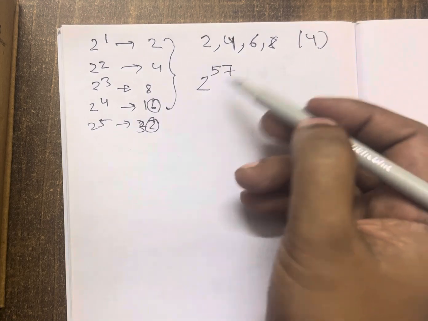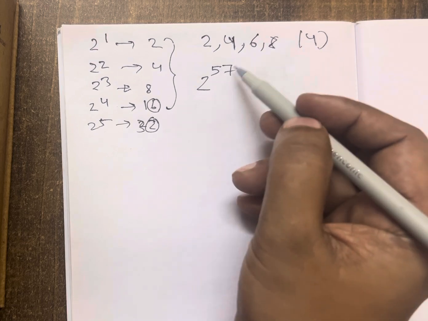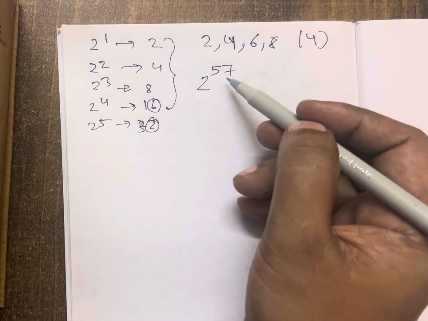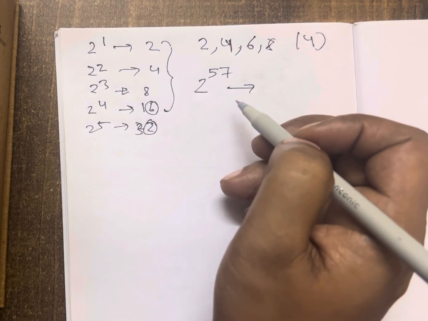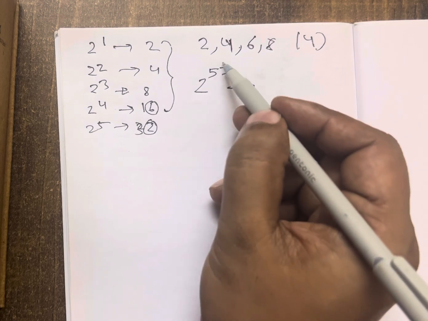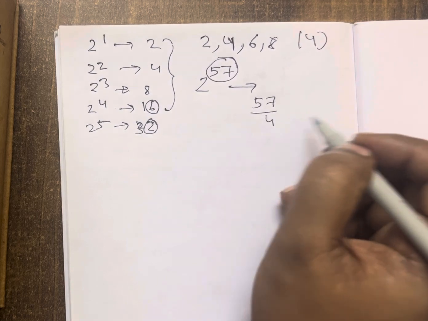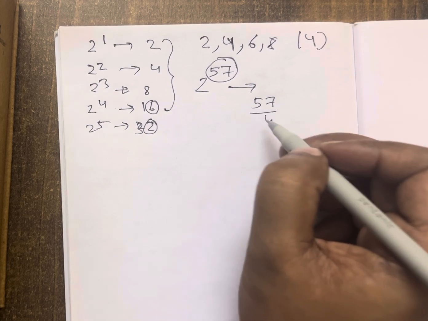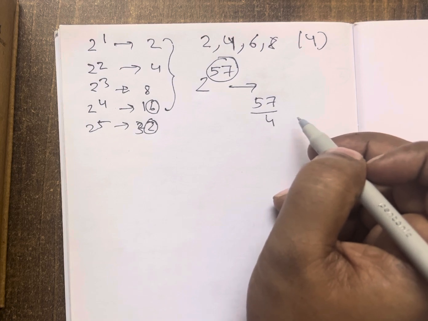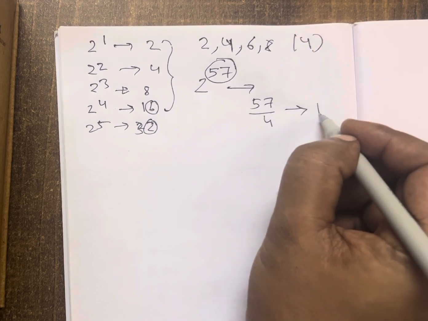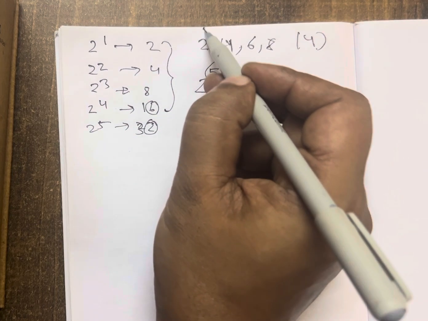Just divide the power by 4 and find the remainder. 57 divided by 4: 14 times 4 is 56, so the remainder will be 1. In this scenario you have to check what is at the 1st place in this cycle.